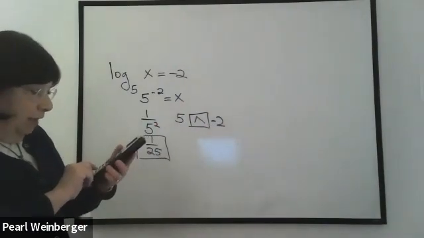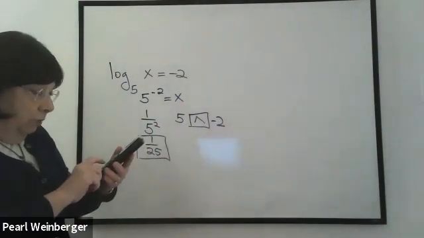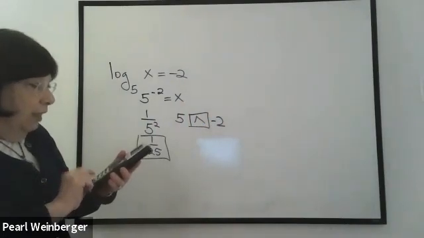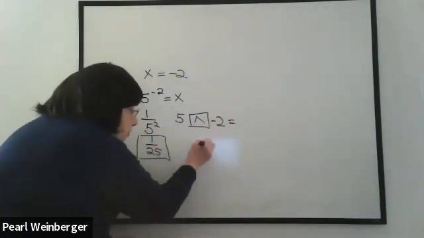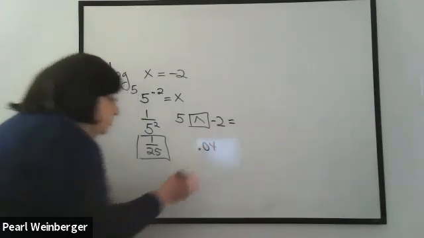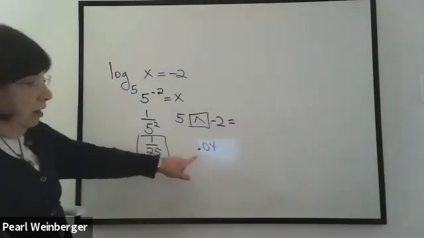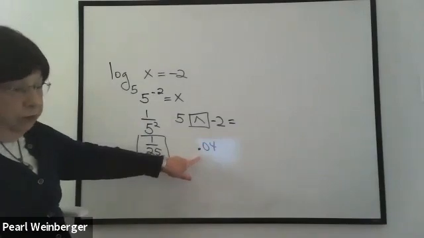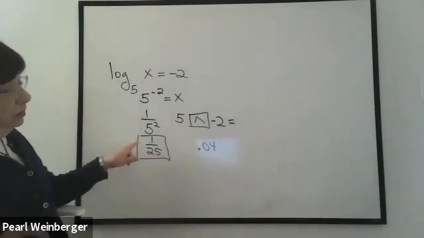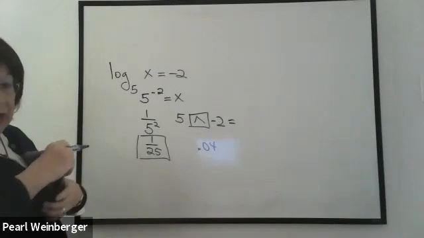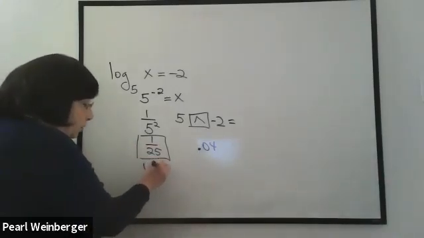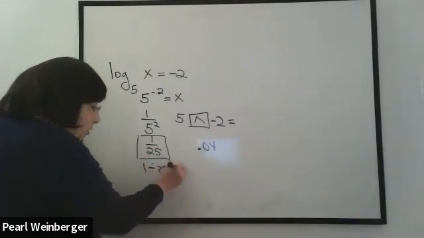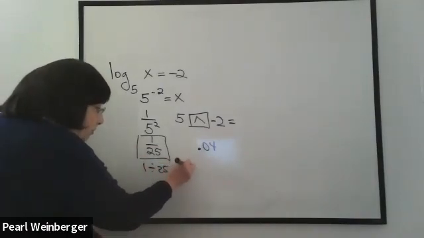And if I do that, 5 exponent -2, and press equal, it gives me 0.04. Now, it looks like these two answers are different. But if you were to take the 1/25 and convert it to a decimal by doing 1 divided by 25 on your calculator, you would also get 0.04.